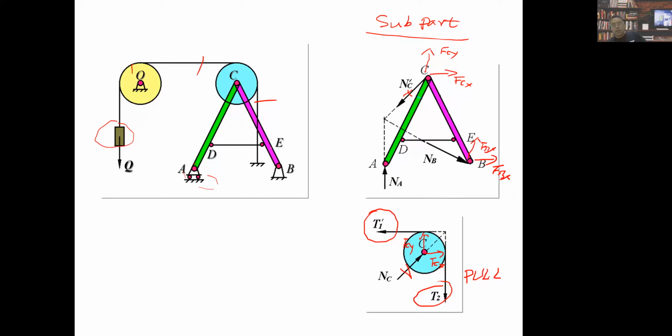Because actually, from the later chapters, you will know that when we do this force analysis, our main aim is to figure out the magnitude and direction of all the constraint forces according to the equilibrium condition or the equilibrium equation.